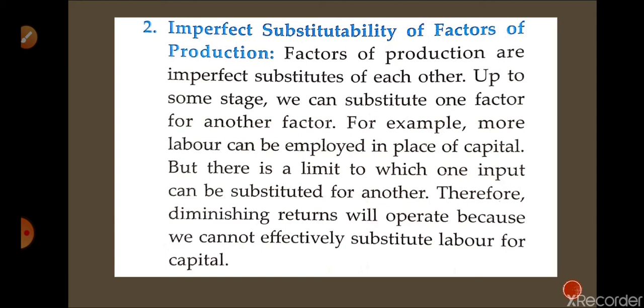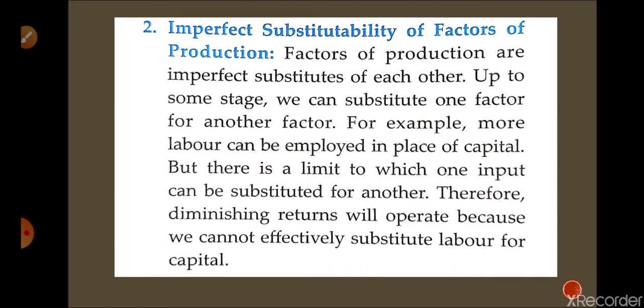So machines cannot be substituted well by the variable factor or labors. So this may be another cause for decreasing return. So it is very clear to you, there is a limit to which one input can be substituted for another, therefore diminishing return will operate, because we cannot effectively substitute labor for capital.